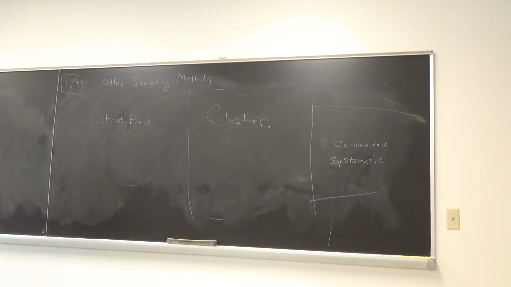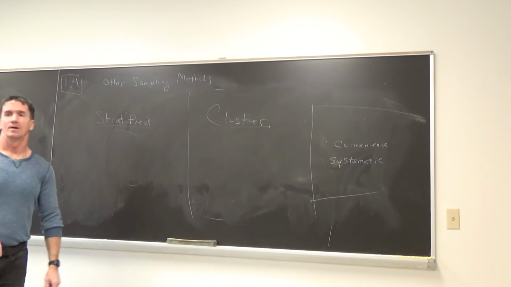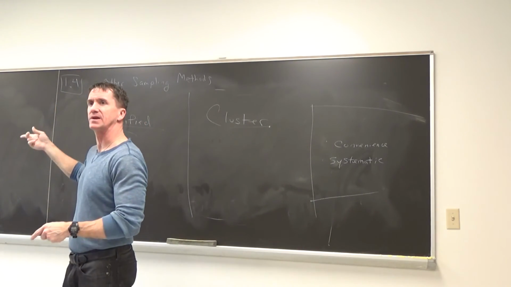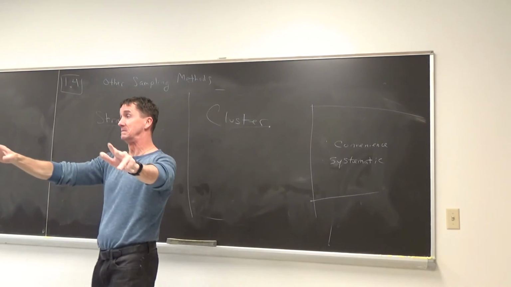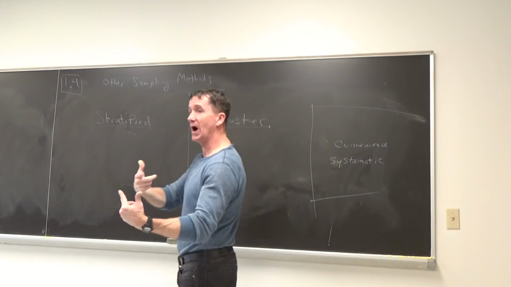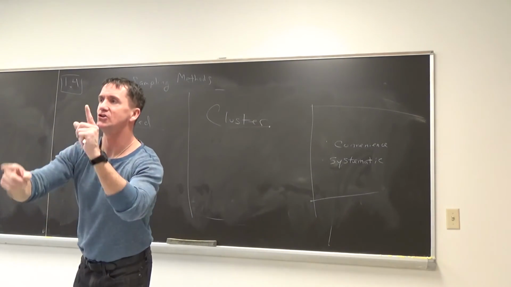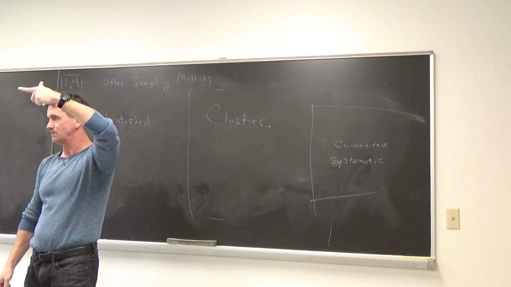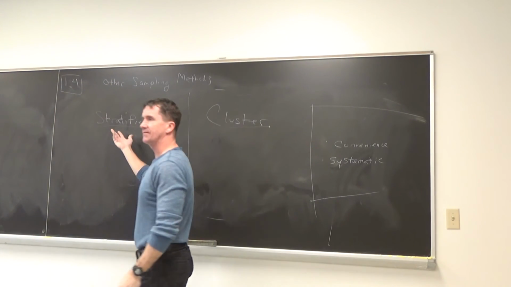More importantly, both of these methods use simple random sampling in some capacity. I want you to know that. Both of these methods, in some manner, use that simple random sampling method we just talked about, okay?